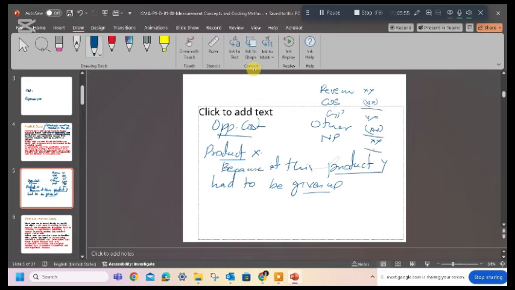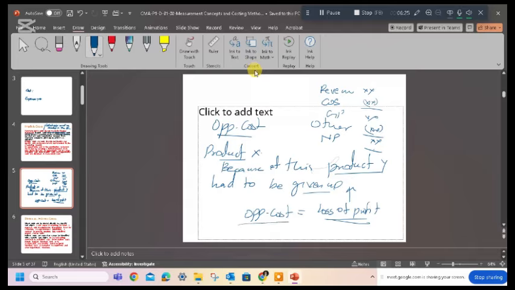Now my question is, because you have given up product Y, you have some loss of contribution, loss of profit from product Y, right? That is what we call opportunity cost. Opportunity cost means when you make a choice, you give up some other choices, which have some benefit. You are giving up product Y that has some profit, some contribution margin.